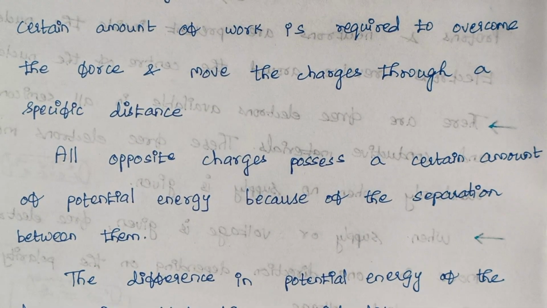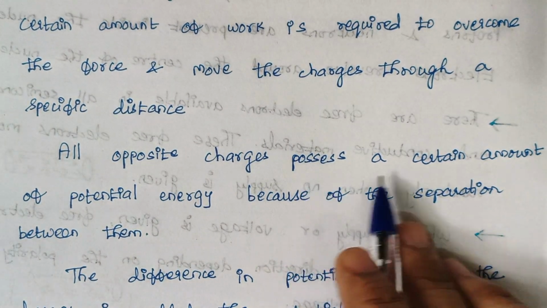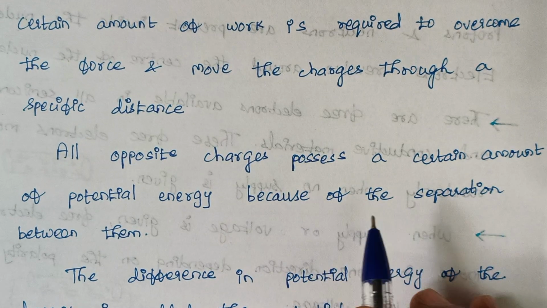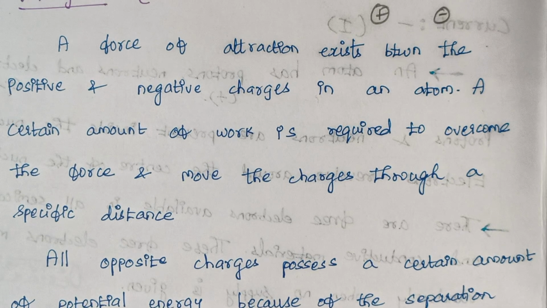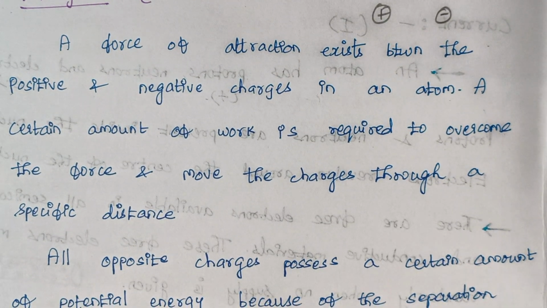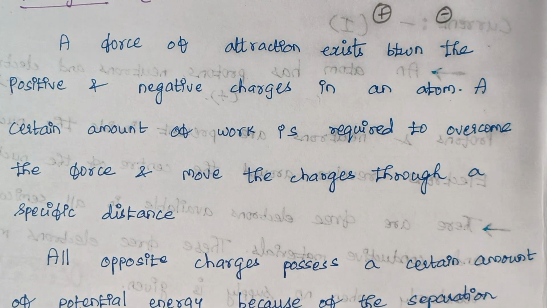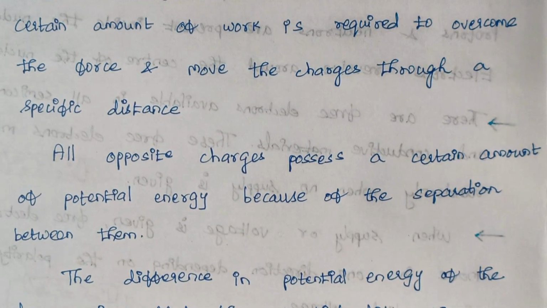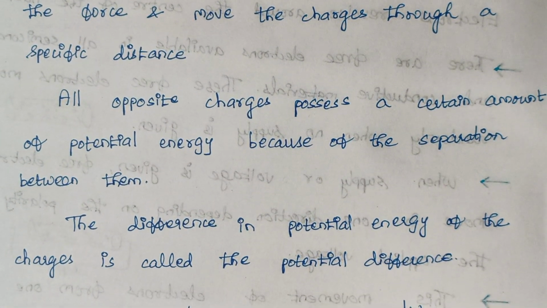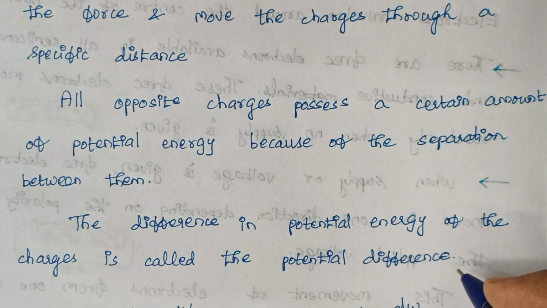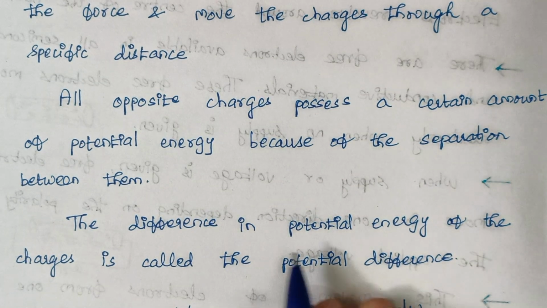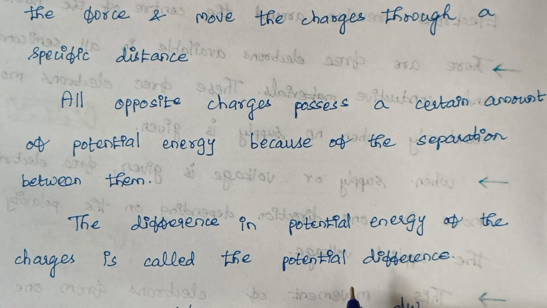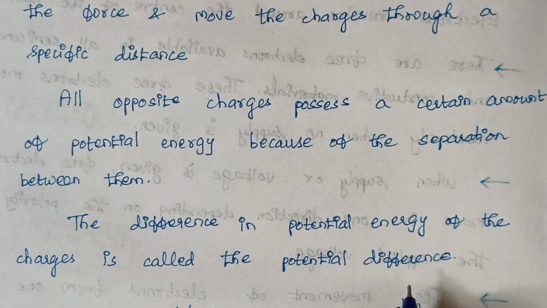Here all opposite charges possess a certain amount of potential energy because of the separation between them. Since the charges are separated by a distance, these two charges possess some potential energy. The positive charge will have some potential energy and the negative charge will have some potential energy. So the difference in potential energy of the charges is called potential difference.